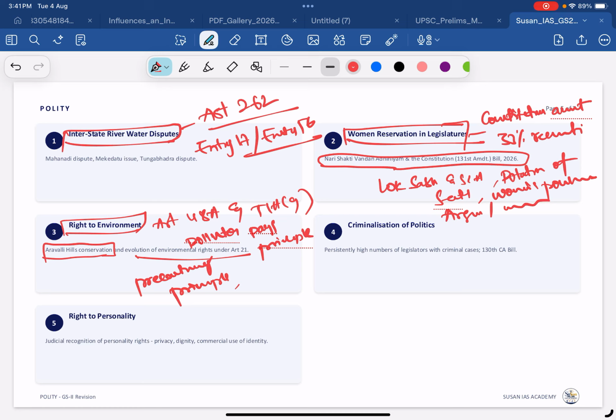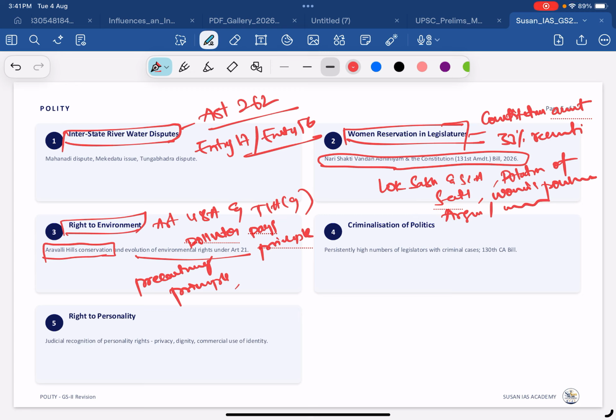So this can be asked even in ethics case studies also. These are the ethical dimensions you can quote in your answers, right? So these all are related to the Aravalli conservation issue. I guess it can be asked in any paper, or even ethics case study, or maybe in GS also. So one has to be prepared entirely about this topic, right?